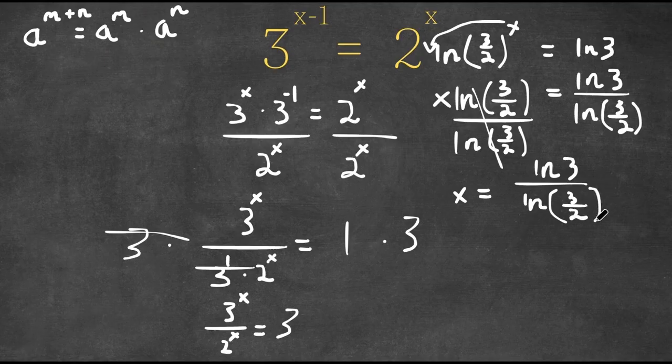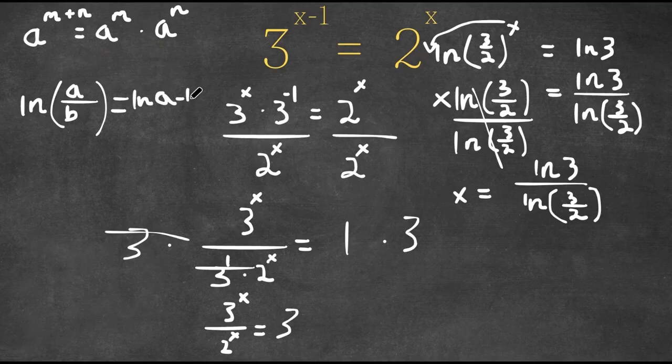Now, although this is a fine answer, this can actually be simplified, because if we have something in the form ln a over b, this is actually equal to ln a minus ln b.